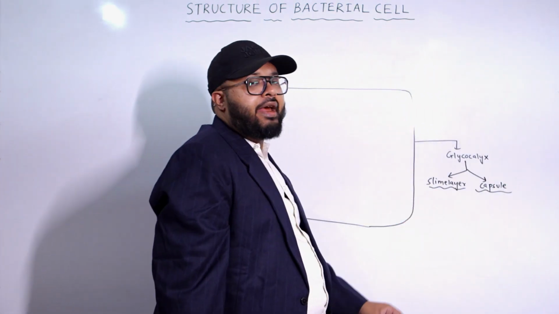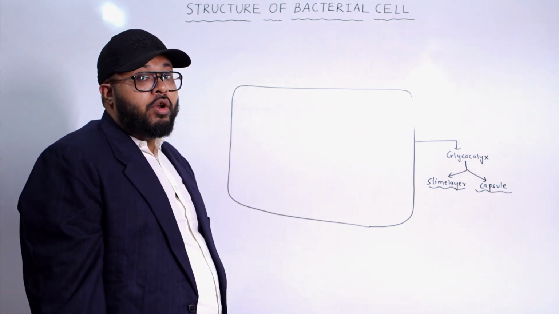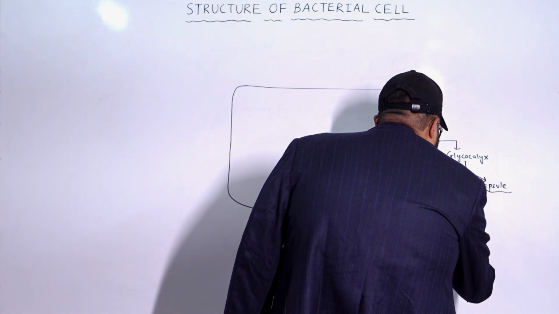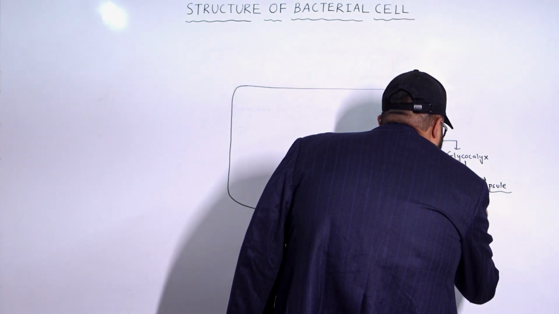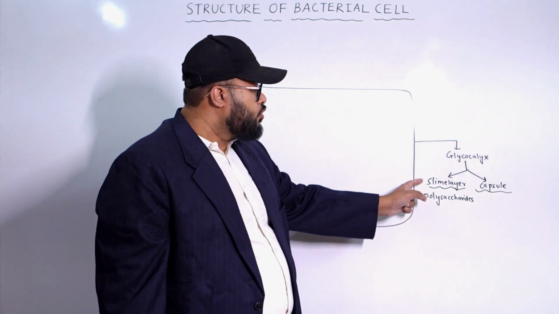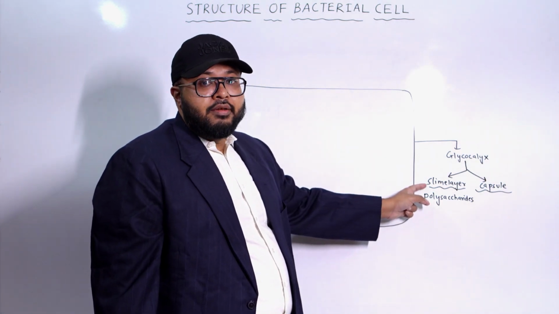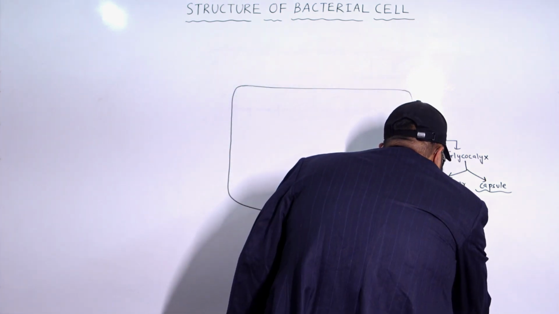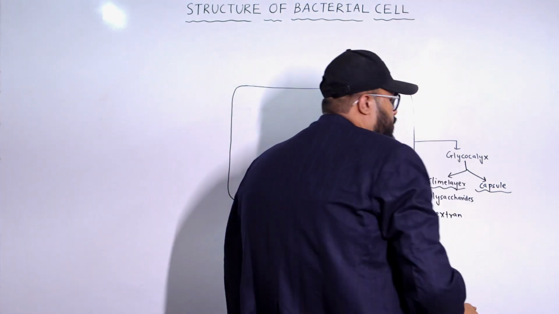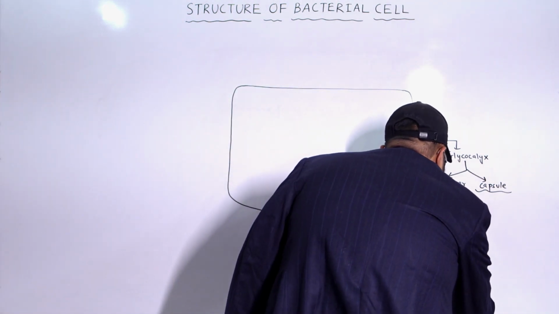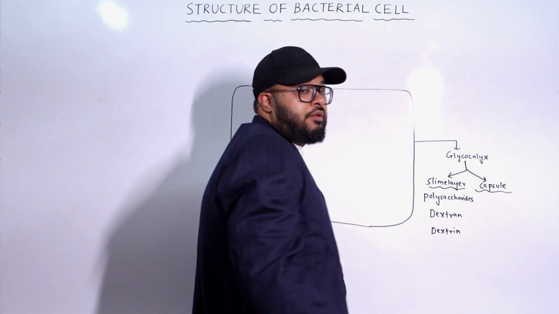The slime layer is made up of polysaccharides, carbohydrates, and the type of polysaccharides that are associated with the slime layer are dextran, dextrin, and levan.